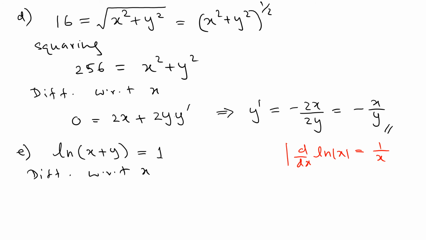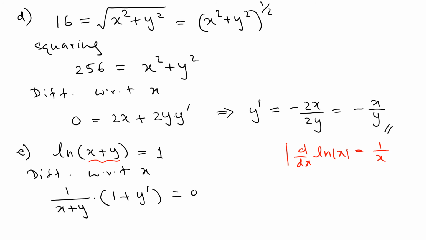The inside function is x plus y, so according to the formula, 1 over x plus y goes down, and then the derivative of x plus y, which is derivative of x is 1, derivative of y is y prime, equals 0.